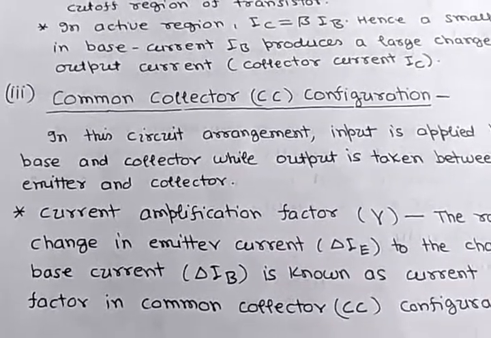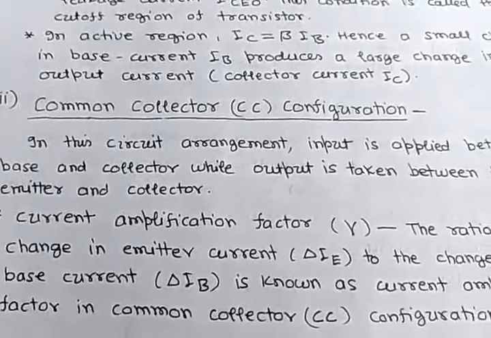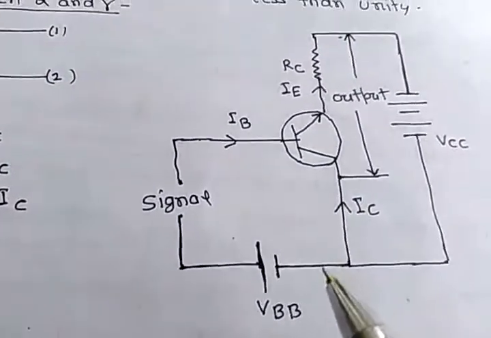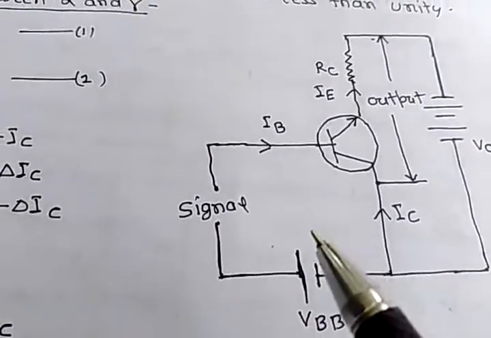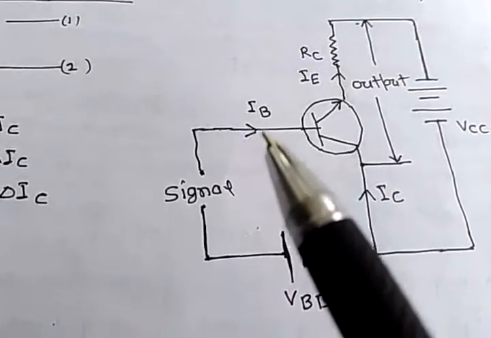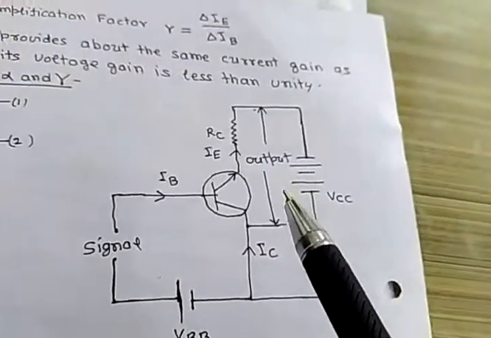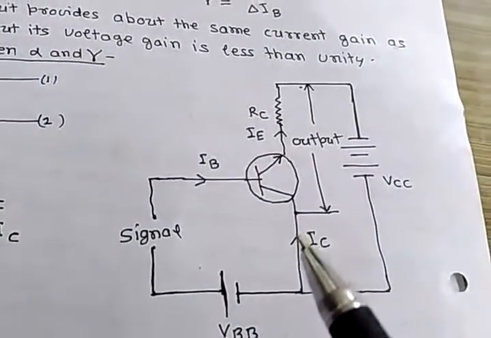The third type of BJT configuration is common collector configuration. This figure shows the arrangement of common collector configuration. In this case, input is applied between base and collector, and output is taken between emitter and collector.